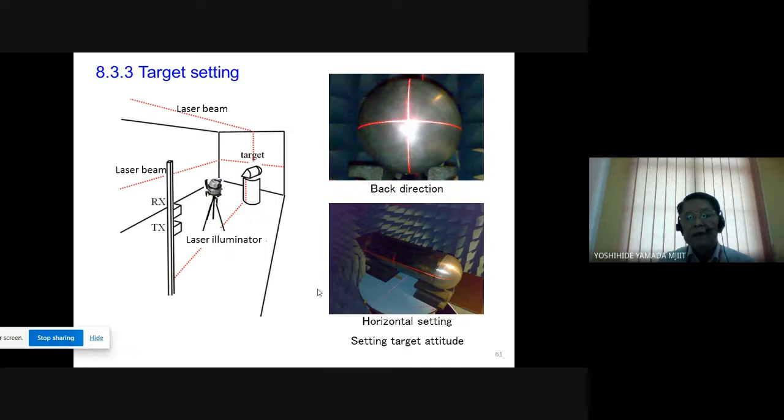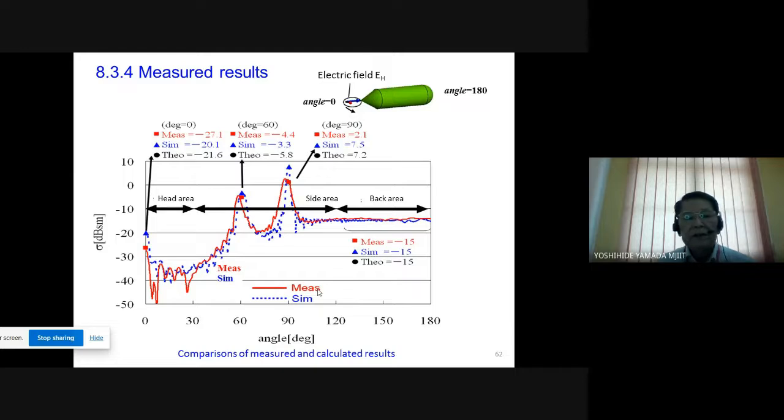So the target setting is very serious. And this is the obtained data. This red line shows the measured result, and the dotted blue line is simulation. Almost a good agreement of measurement. This is the back area, where an almost constant level is achieved.